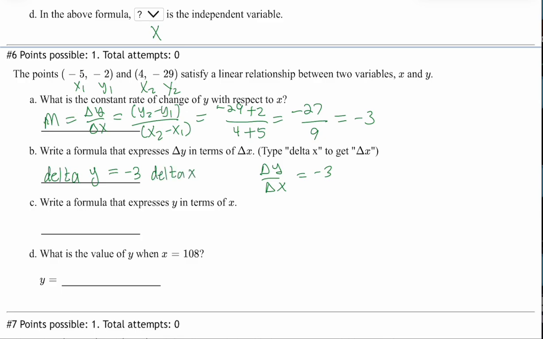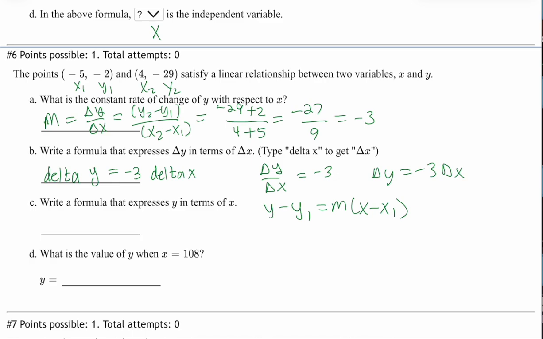Then, write a formula that expresses y in terms of x. Now, we don't want deltas anymore. We want y's and x's. So that's where we use y minus y1 equals m times x minus x1.